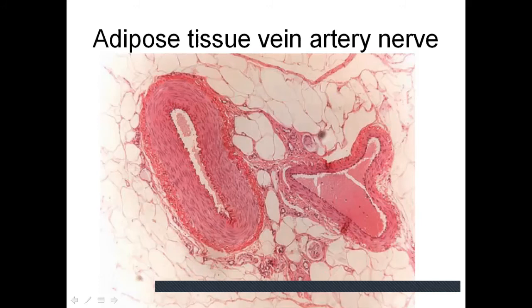It's in adipose tissue. These are fat cells here. That's one single cell. It's just a little bit of cytoplasm, pink on the outside, with a nucleus in here somewhere. But this is just a big fat globule inside a cell.